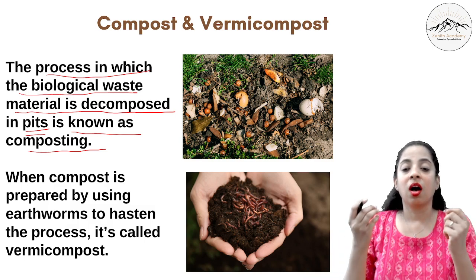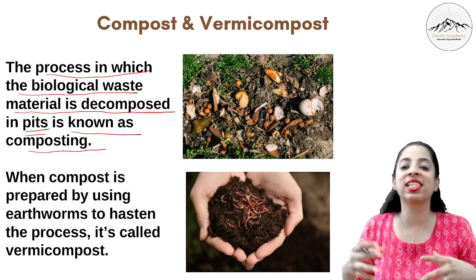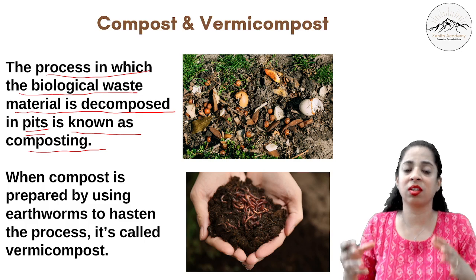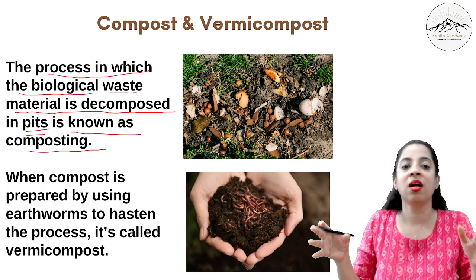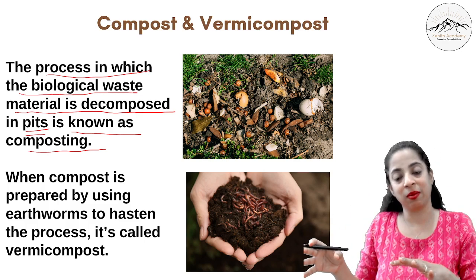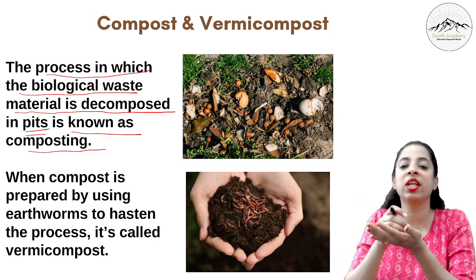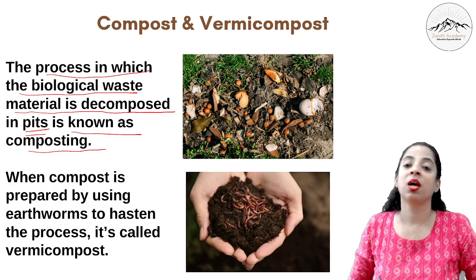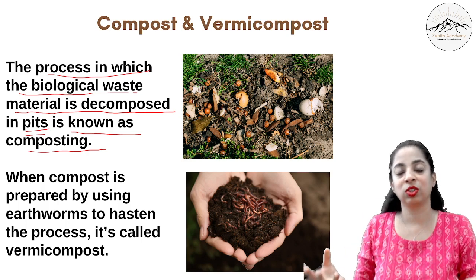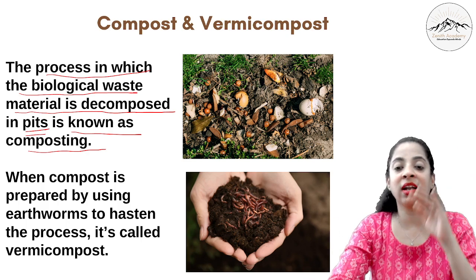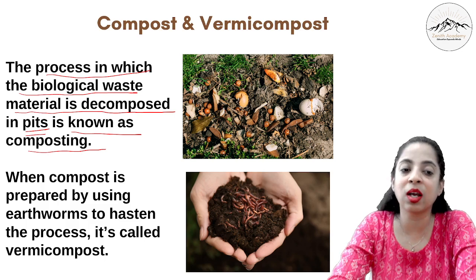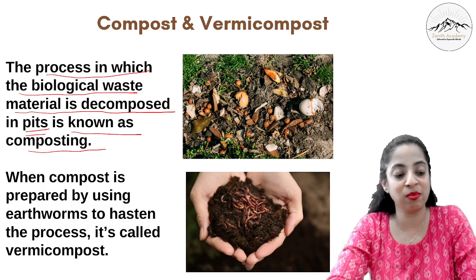Earthworms hasten or fasten the process. They help in decomposing the organic waste material. सो उसको तोड़ने में, उसको डीकम्पोज करने में अर्थवर्म हेल्प करते हैं, जिसकी वजह से कंपोस्ट बहुत जल्दी फॉर्म हो जाता है. So that is why we deliberately add earthworms in the soil or in the compost so that the process becomes fast.